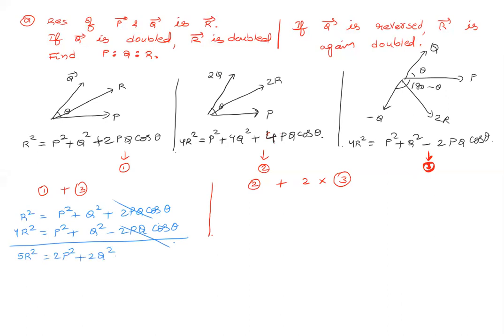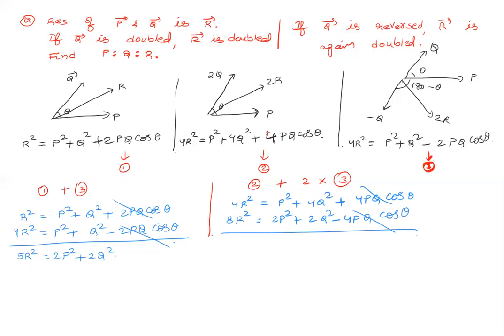Next, coming to the second part, 4r square is p square plus 4q square plus 4pq cos theta, and multiplying the third equation, you will get 8r square is 2p square plus 2q square minus 4pq cos theta. Once again you add it, you will get 12r square is equal to 3p square plus 6q square.